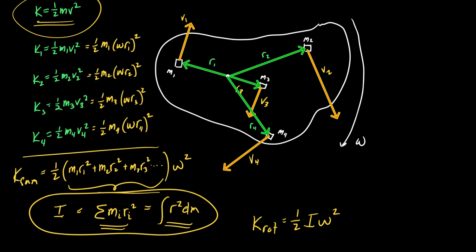Now, another part of this is the consideration that an object can have both rotational and translational velocity. So although these pieces have individual velocities based on their rotational rate, if the whole thing is moving, the whole thing can still have 1/2 big M v squared, where this is the velocity of the center of mass.